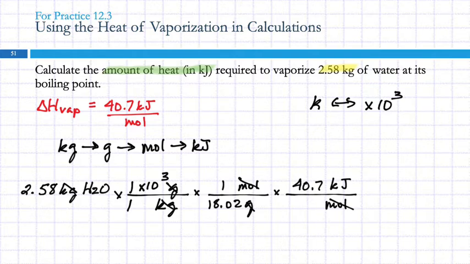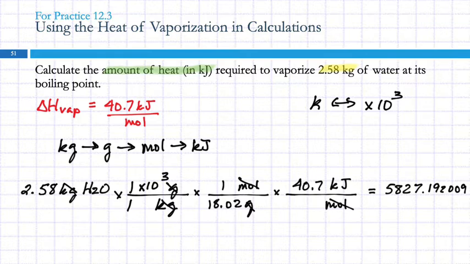And let me grab a calculator. 0.58 times 1 E3 divided by 18.02 times 40.7. Whole bunch of digits my calculator gave me.